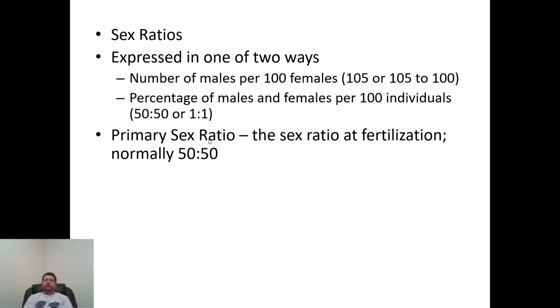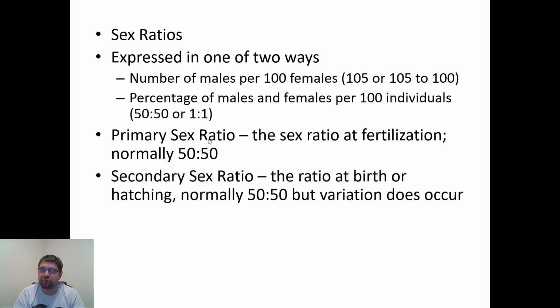So primary sex ratio is the initial ratio. What's the sex ratio at fertilization? How many eggs are male and how many eggs are female? In a lot of species, it's 50-50 or a 1-to-1 ratio. I'll give you some examples of when that's not the case, but in a lot of species, it's a 1-to-1 ratio.